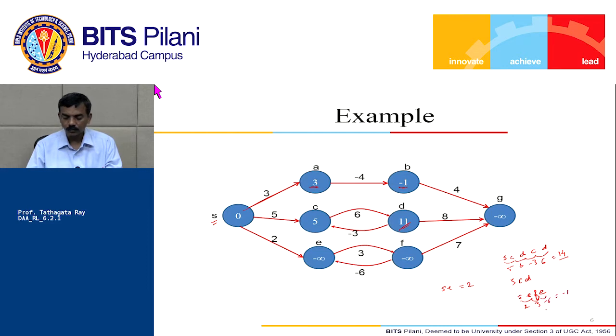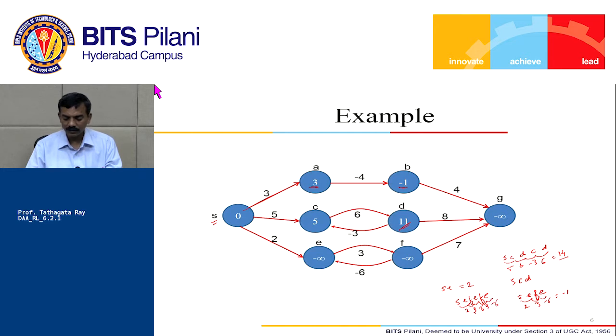So that is -1. If I keep on doing this, say I go S to E to F to E and back to F to E, then I have S to E is 2, E to F is 3, F to E is -6, E to F is 3, and again F to E is -6.